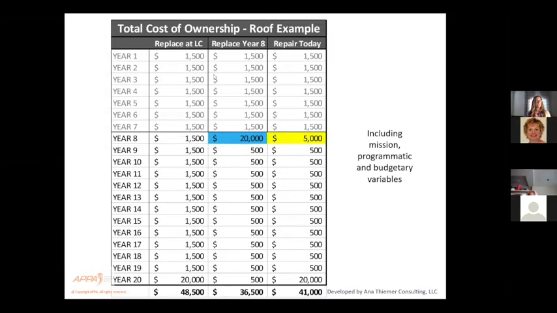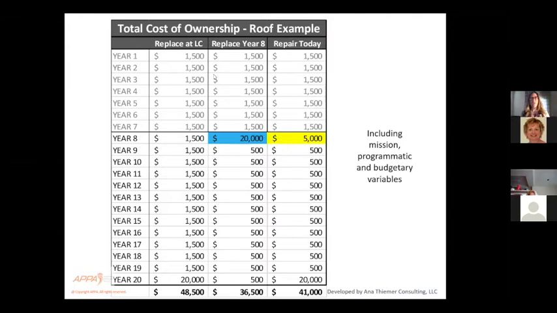Second thing to remember is we may know that the building is going to get demoed. So we have to add in that mission value, which is we have information that that building's going to get demoed, so we're not going to spend 20,000 on that roof. And then conversely, it could be back to the mission.